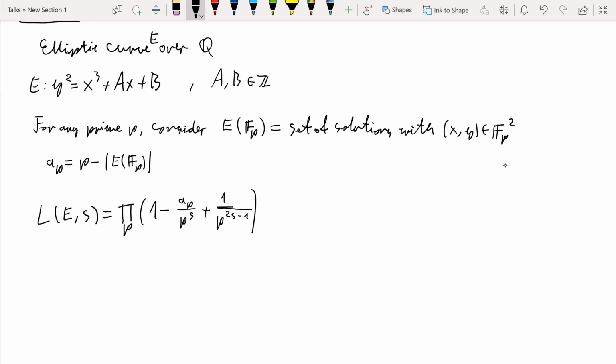It shouldn't be too hard to convince yourself that you can expand this to get an expansion as a sum like in usual Dirichlet series.